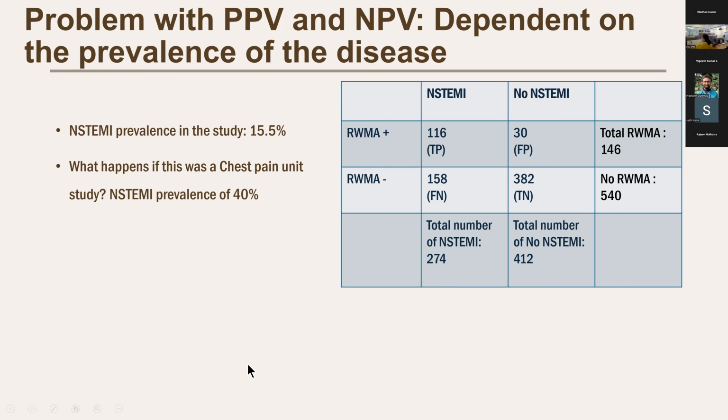Now I've given you a different 2 by 2 table. So can we all calculate sensitivity again? You remember the sensitivity formula? True positive divided by everyone who's disease positive.